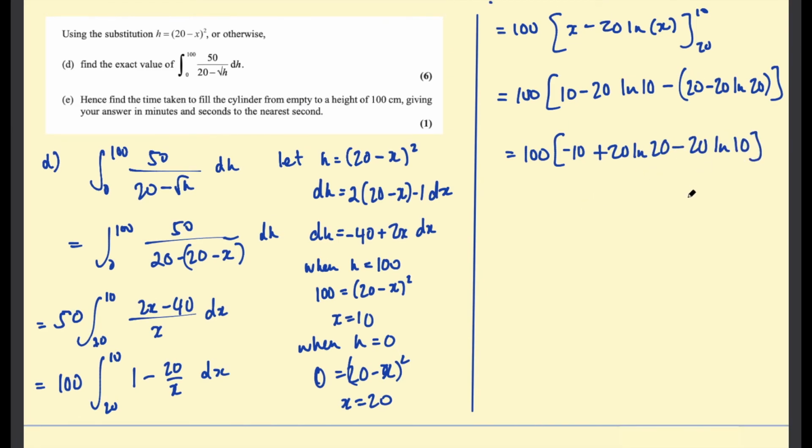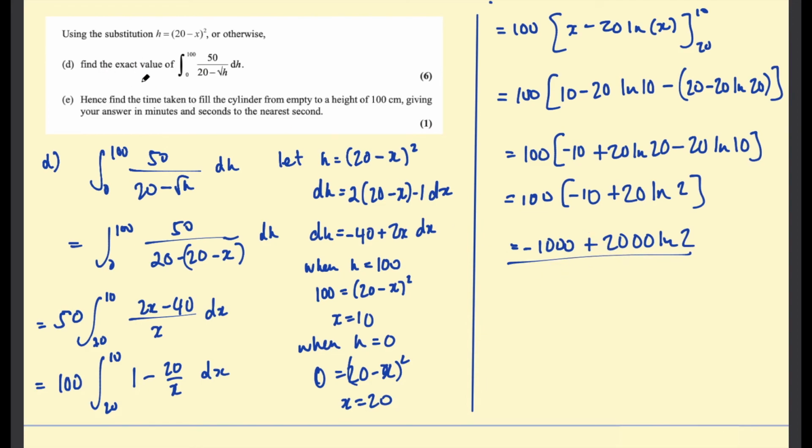Now we have logs with the same base. We can divide the term inside the log. So this will be 100 multiplied by negative 10 plus 20 log 20 divided by 10, which is 2. So negative 10 plus 20 log 2, and then expand out that 100. We have negative 1000 plus 20 times 100 is 2000 log 2, and we are done. They asked for the exact value. That's as simple as we're going to get it for an exact value.